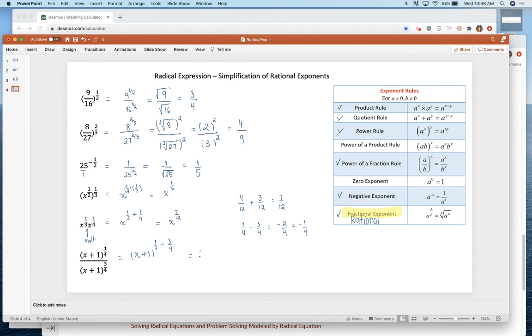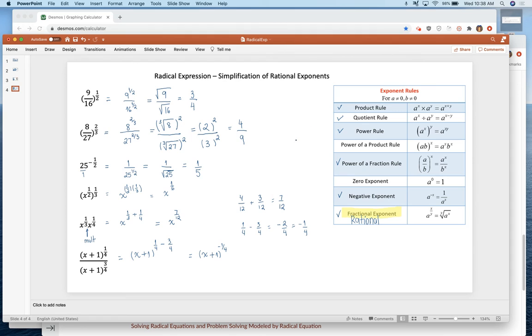So the result here will be x plus 1 to the negative 1/4. Negative 1/4 is not a final answer because the exponent is negative. We always look to represent an exponent expression with a positive exponent.